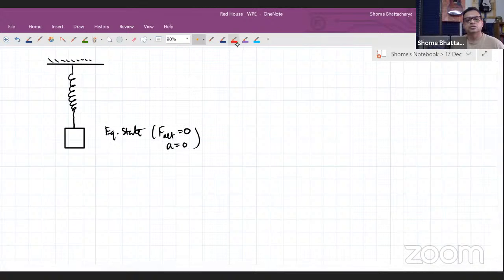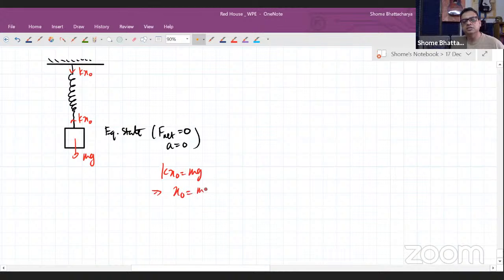Okay, so spring force, let's say kx naught, has to balance mg. So the extension is mg by k, which when you work out here will be 2.5 centimeters. Okay, so in this state, the spring has an extension of x naught, which is 2.5 centimeters.